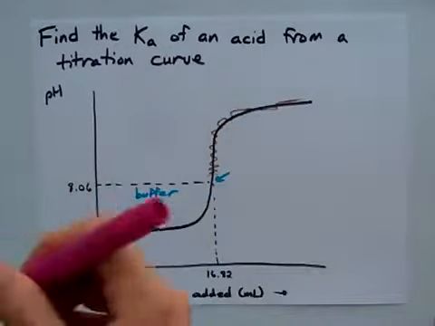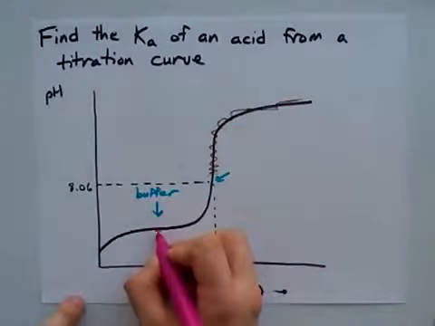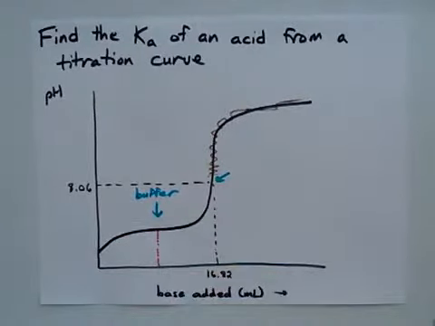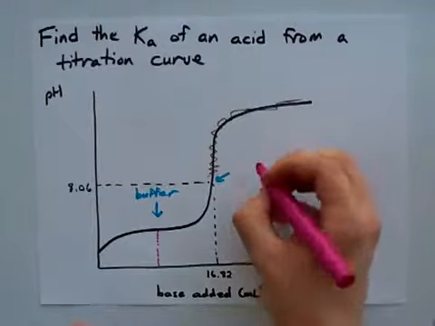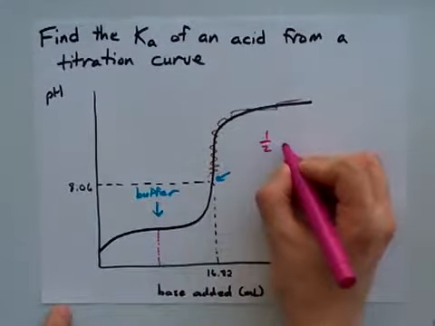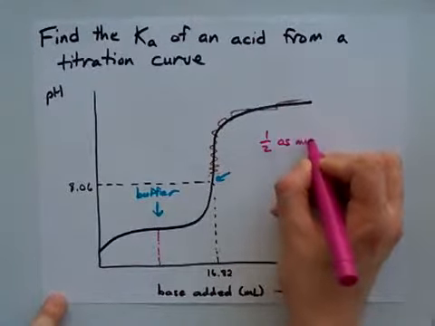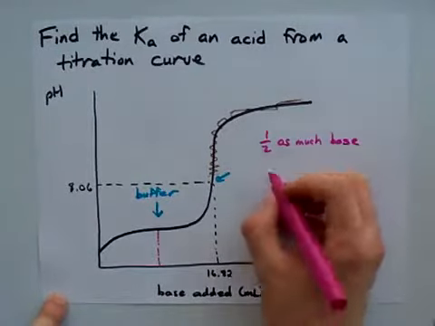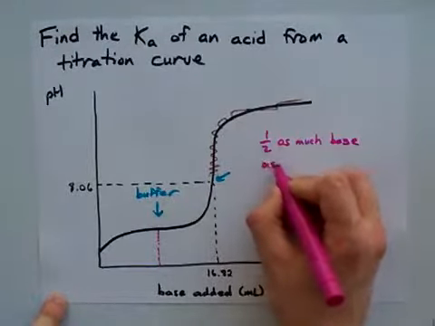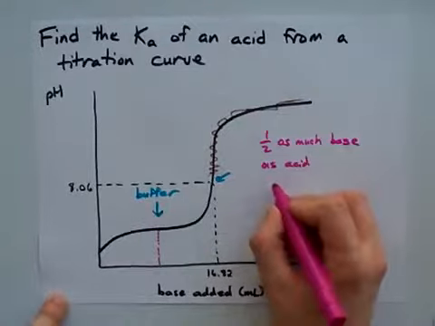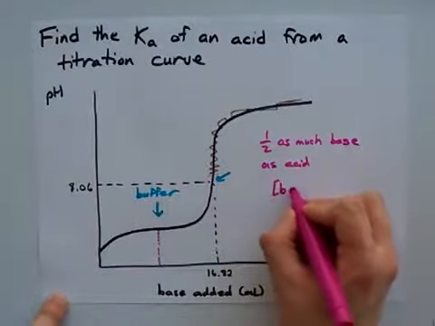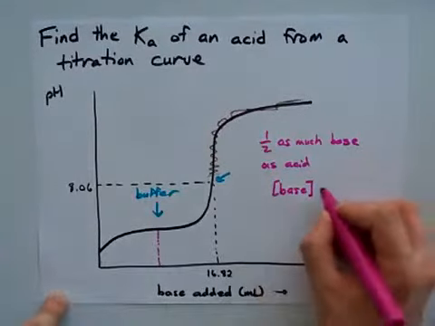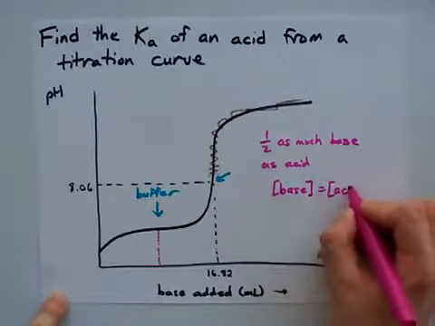Here's the point though. The best place for the buffer region, or where the buffer is flattest, or the middle of the buffer region, is the point at which you've added half as much base as you started with of acid. Which means that in your solution, your concentration of base is equal to the concentration of your acid.